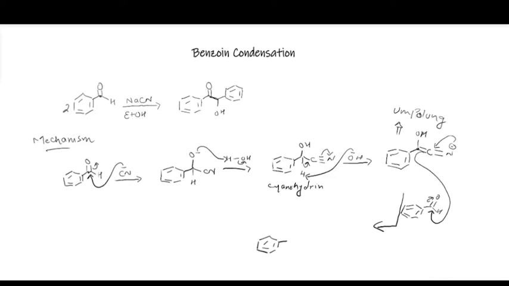So we have this oxyanion, and here it is attached to this carbon here. So we draw another carbon here, and this OH is here. And now we have a carbon-carbon single bond here, and a nitrile group is restored.